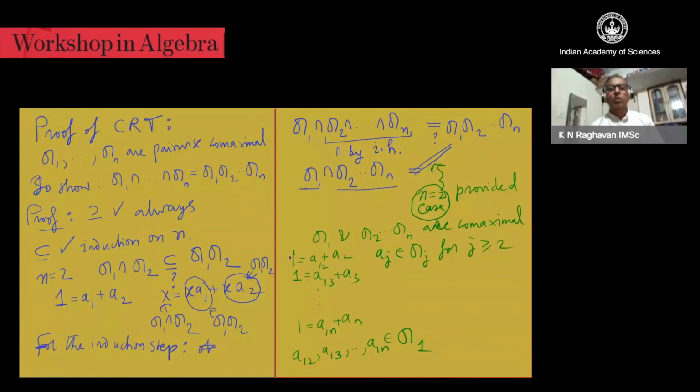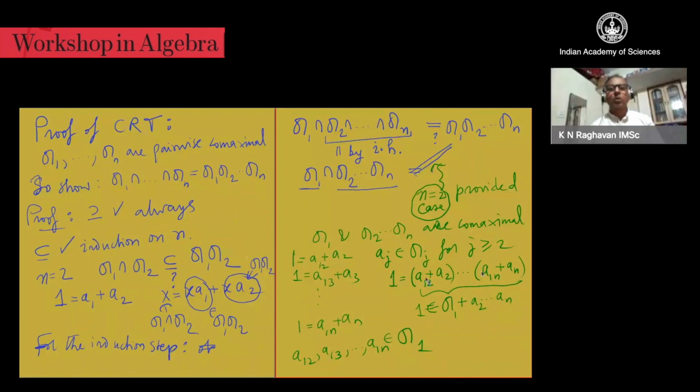Now I can take just their product. If I take their product, the relevant thing to look at is 1 equals a2 dot dot dot an plus a term in A1. Observe that here there is this a2 through an. Now every other term has one of these A1n elements in it, but that belongs to A1.